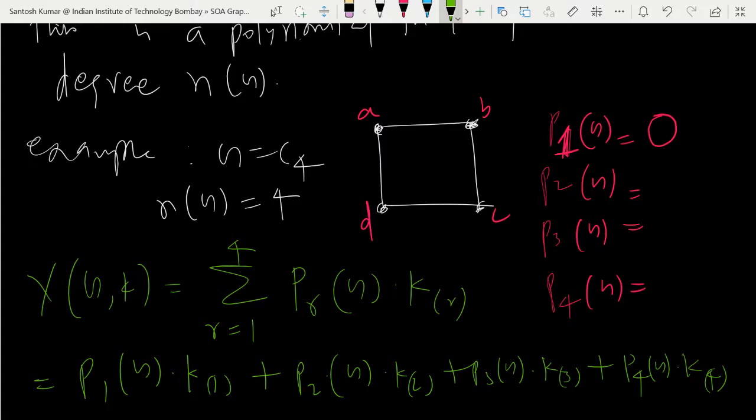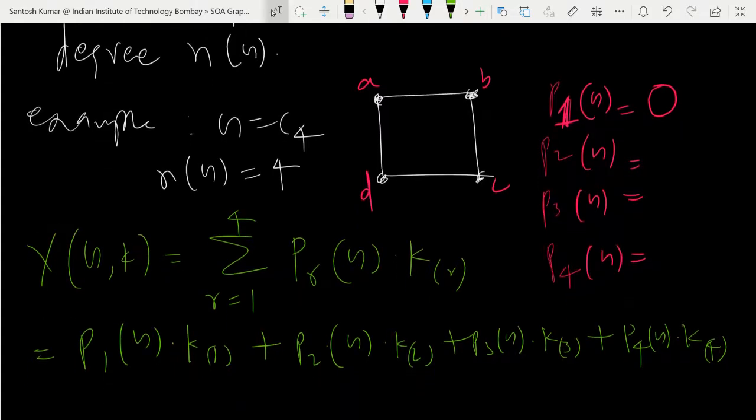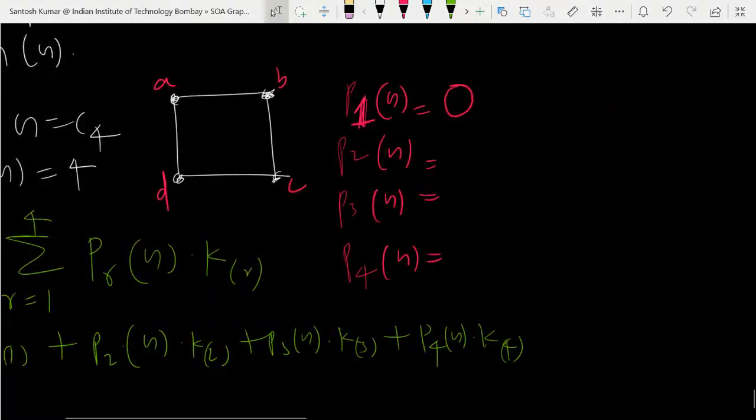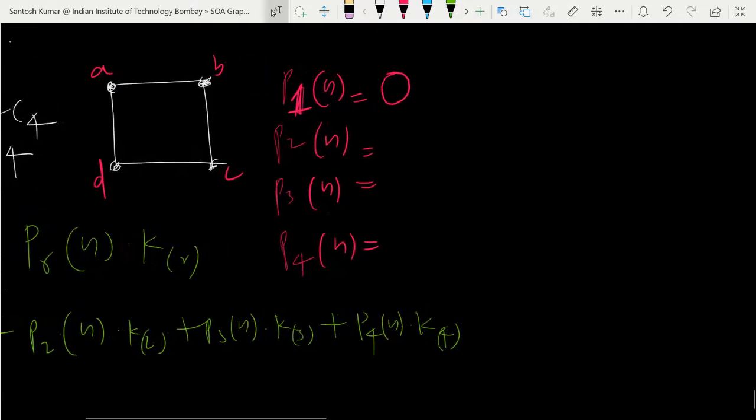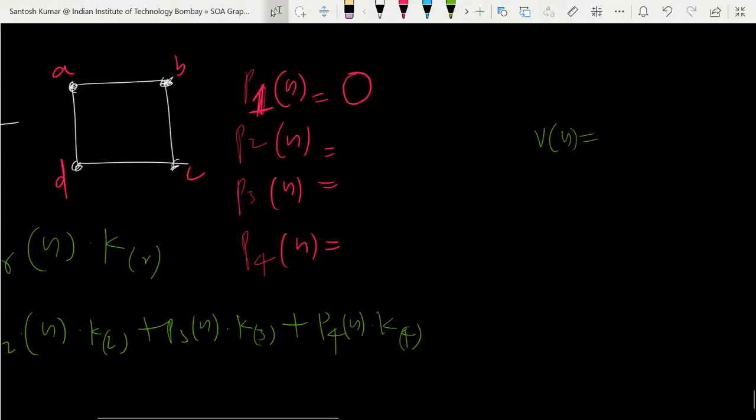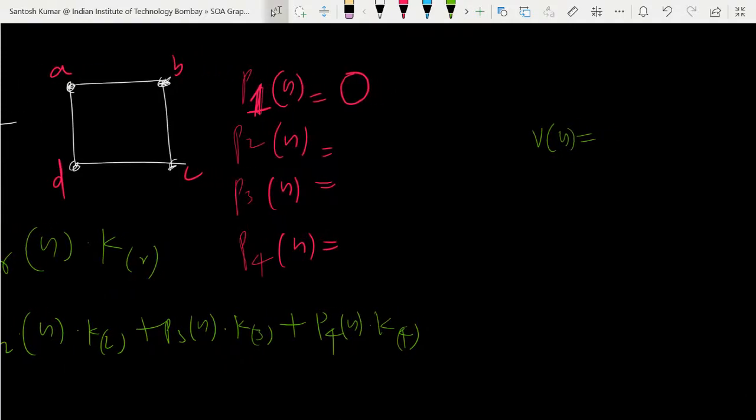Let's come to P2. P2 means the number of partitions of the vertex set of the graph into two independent sets. Can you express this vertex set as the union of two independent sets? AC and BD.